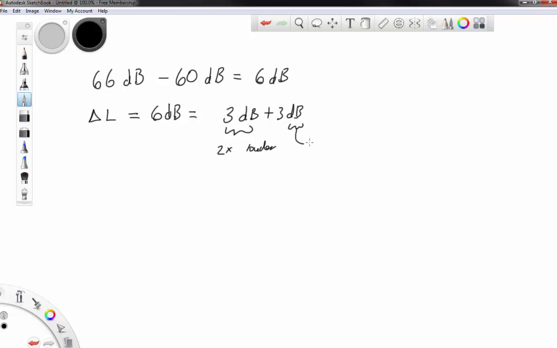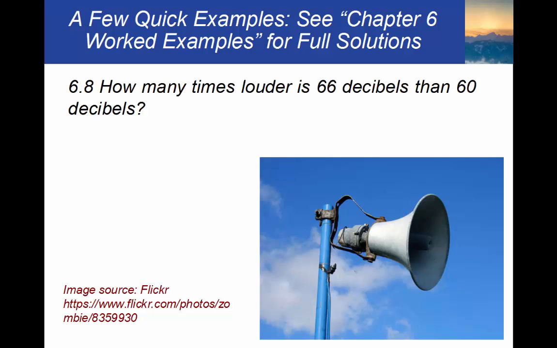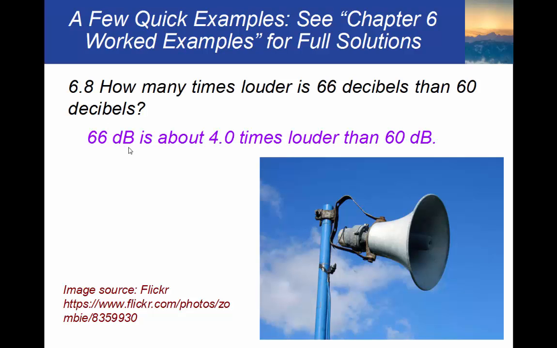And this right here is another 2 times louder. So in total, you have 2 times 2 equals 4 times louder. So that's how you could solve for how many times louder the decibel level has gotten. So 66 decibels is about 4 times louder than 60 decibels. To get a more precise answer than that, you have to start using logarithms.